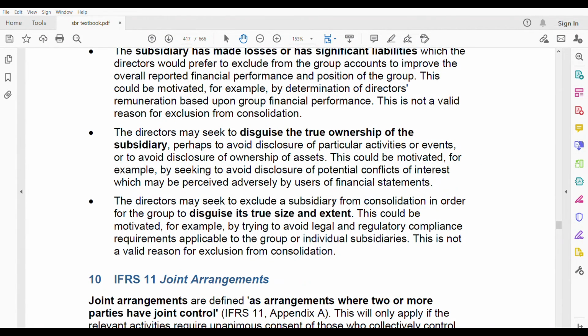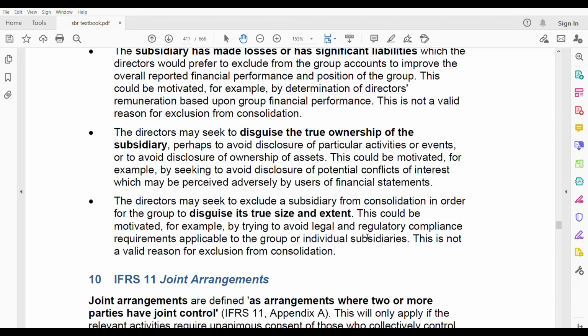So they want to avoid any legal or regulatory compliance. Then you have to comply legally as well as regulatory, both for the group and the individual subsidiaries. But still you need to consolidate.